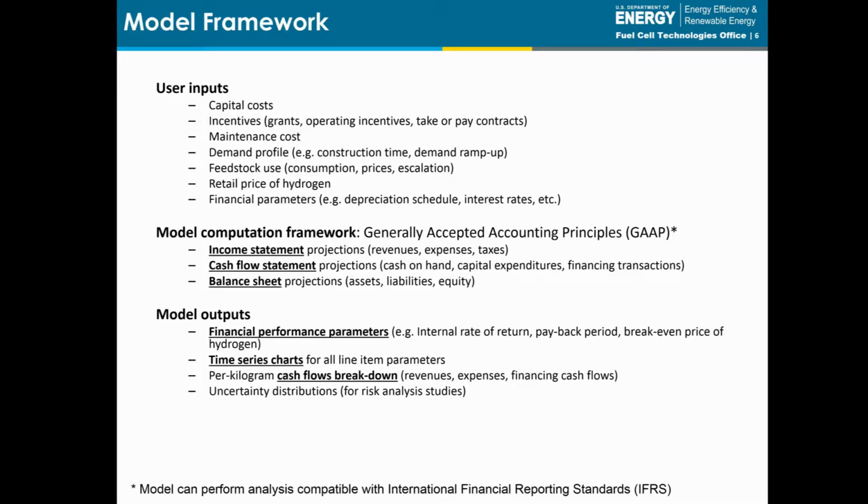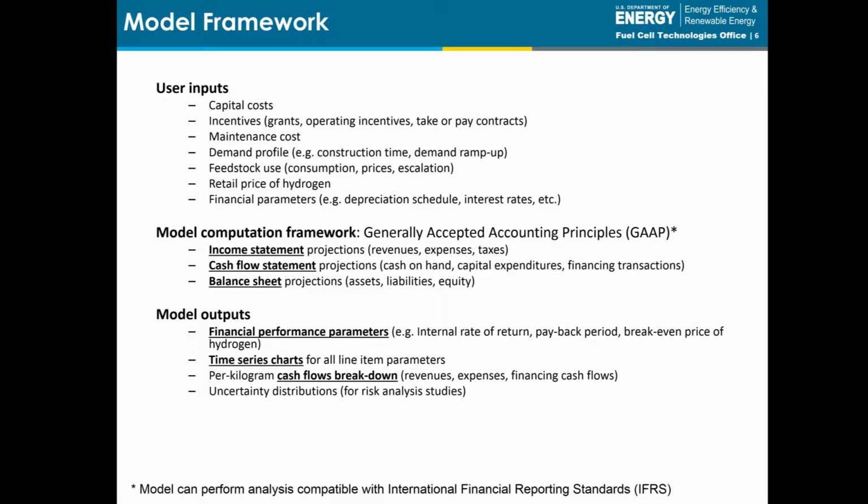So inputs of the model, again, capital costs. You'll be inputting things like incentives, either grants, operating incentives, take or pay contracts. I'm not going to dive into detail on that one, but keep in mind it's there. You will specify maintenance costs, demand profile, so how quickly do you get up to your eventual dispensing capacity?